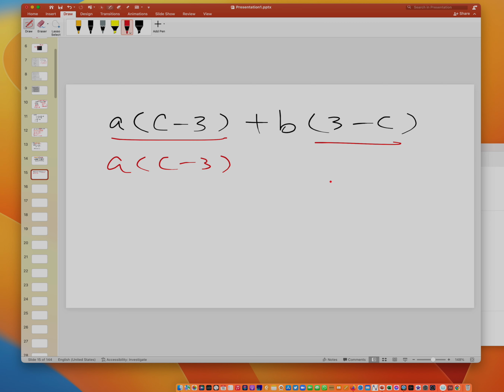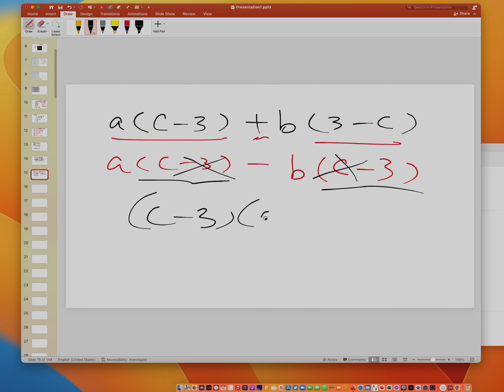It only applies when the order is different; if it's entirely different, it cannot. So now switch the position of these two. When you switch the position, what do you do? Change the plus to minus. Yes, change the sign in front also. Then what you end up with is c minus 3, c minus 3. Gone, so it's a minus b. Much simpler.